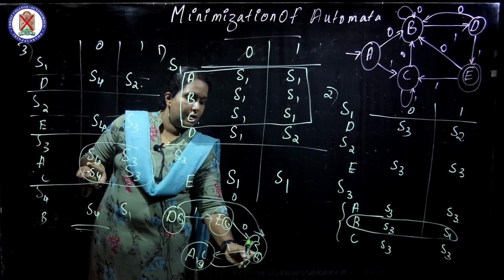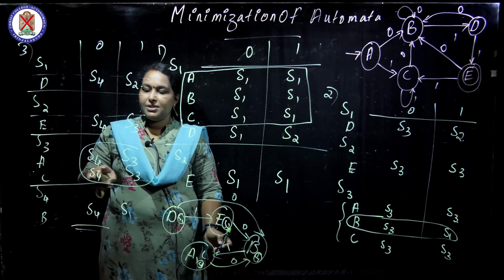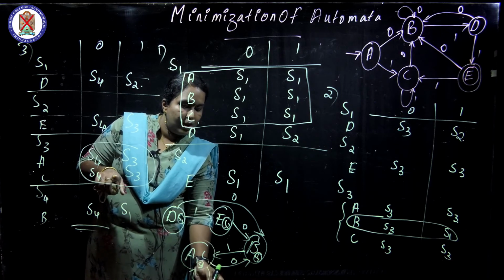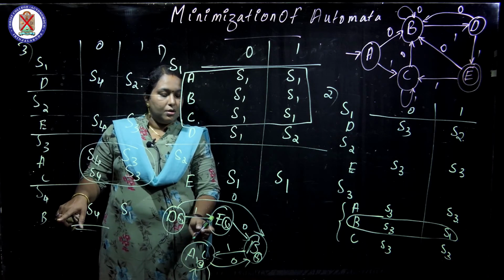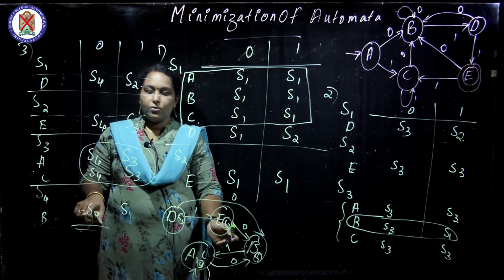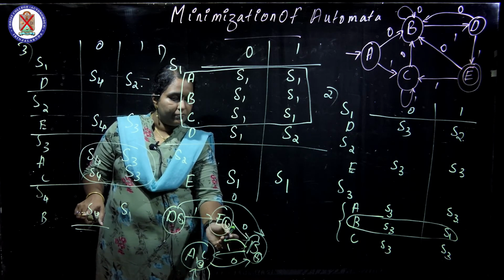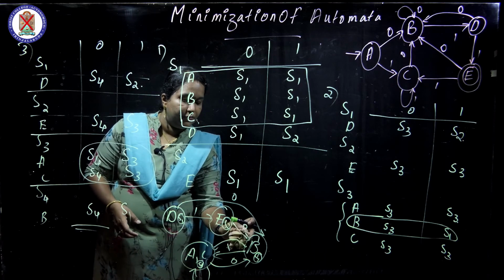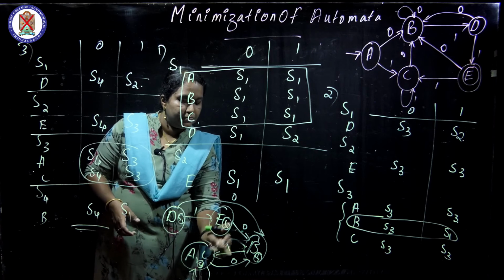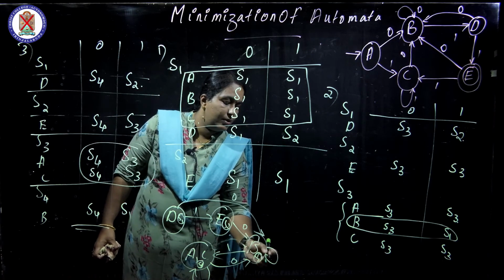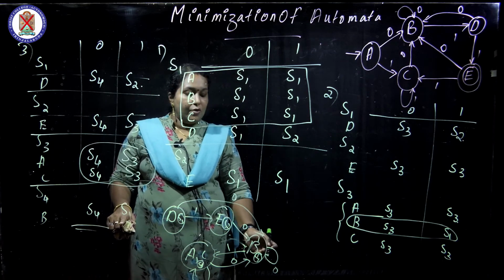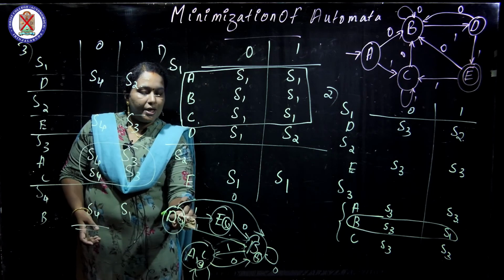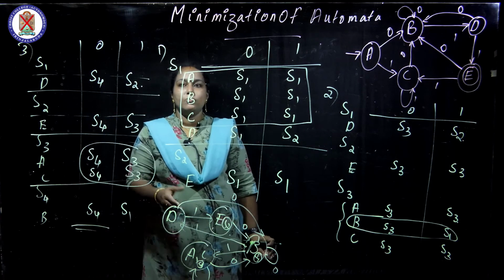S4, and A and C on 1 goes to where? S3 itself. Okay, next one, B on 0 goes to where? S4. Sorry, this is a self loop, I have made a mistake here. S4 itself, and B on 1 goes to what? S1. Okay, so after that you can rub it, or otherwise it's no problem, you mark it with pencil.